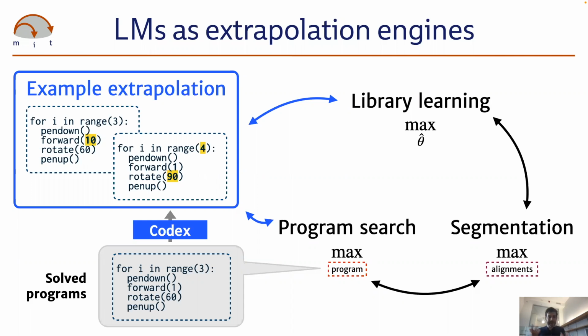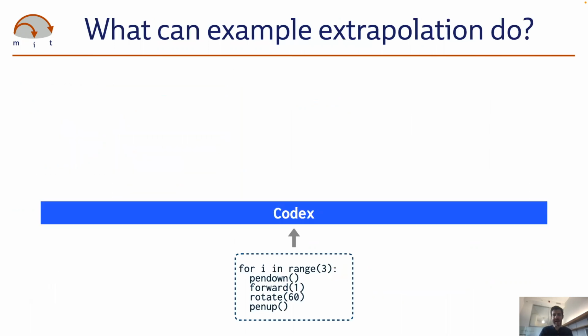Now we know which pieces are going to change, which pieces are going to stay the same, which pieces need to get modified together and which need to get left alone. So we can start with this one example of a program, which previously we wouldn't have been able to compress, and now pull out our ngon function immediately, just from this single example, with help from a big language model.